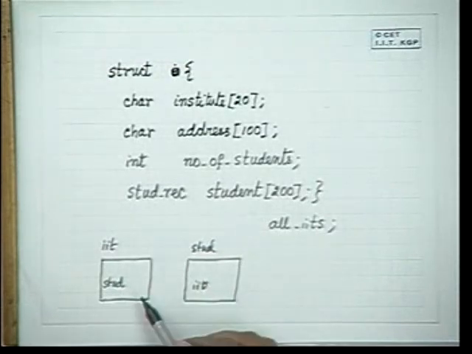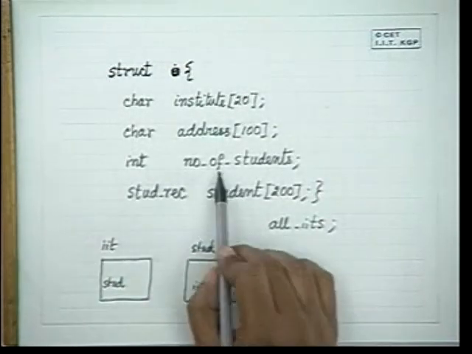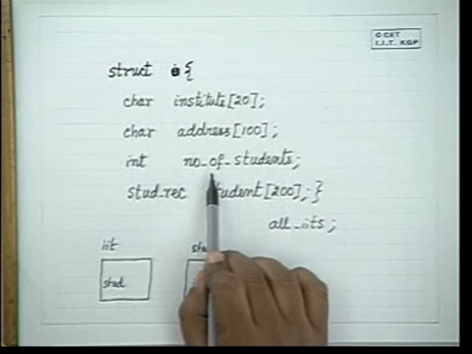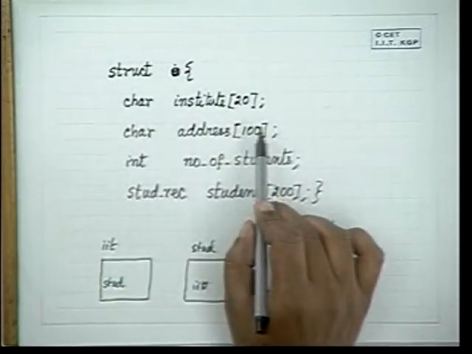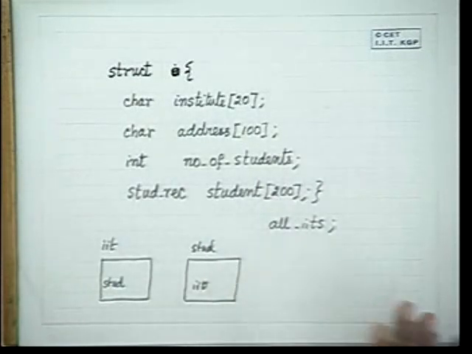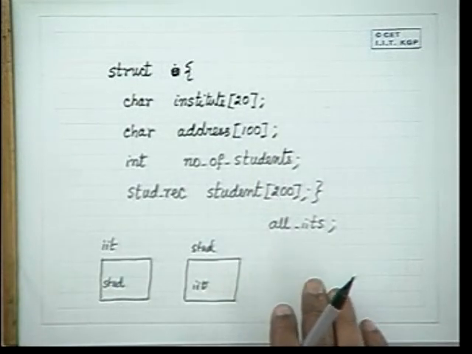That is a problem. You cannot have this because allocation will become impossible. IIT inside this structure will be present, so the whole thing will become self-referencing, and you will not know where to end the whole definition.